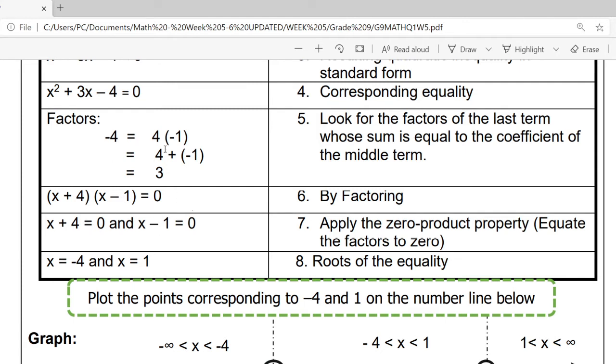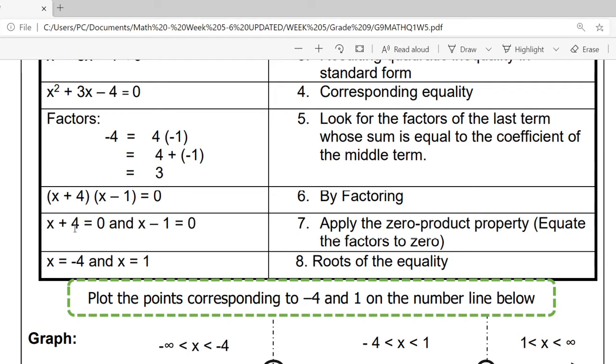Next. So we have now the factors 4 and -1. So we have here x plus 4 and x minus 1. These are the factors now of this quadratic equation. So again, that is by factoring and applying the zero product property, that is, you are going to equate each factor to 0.